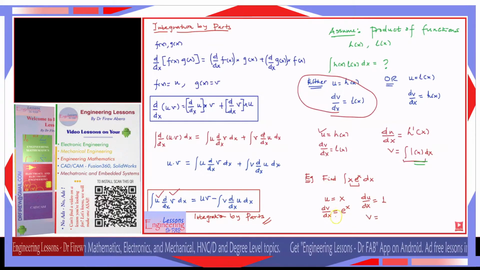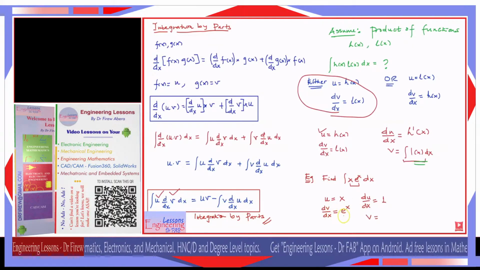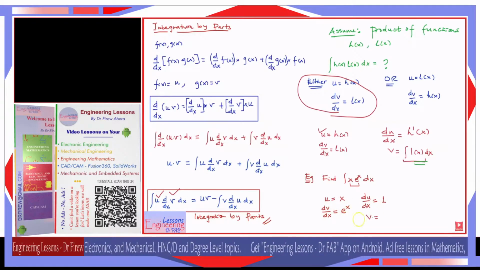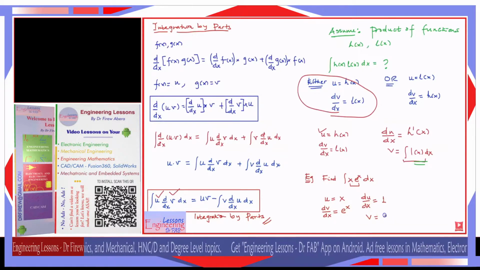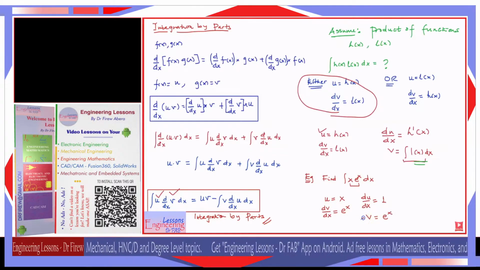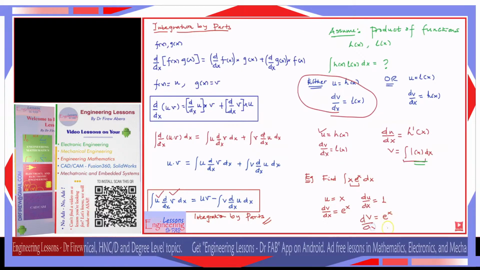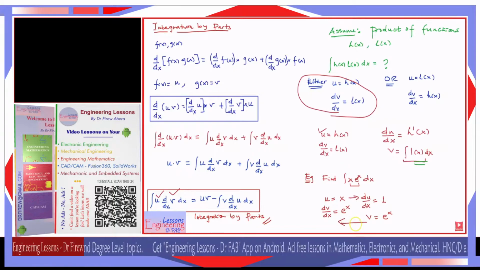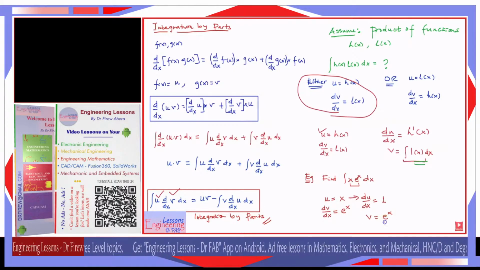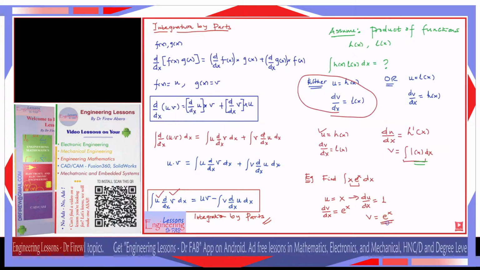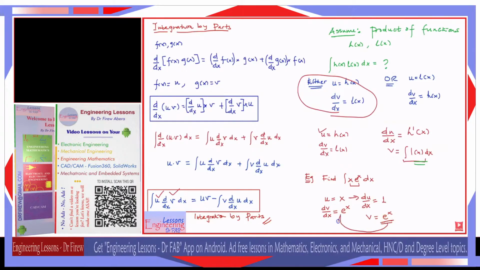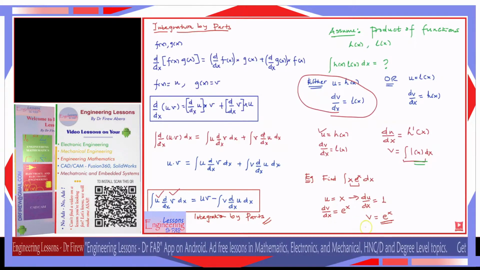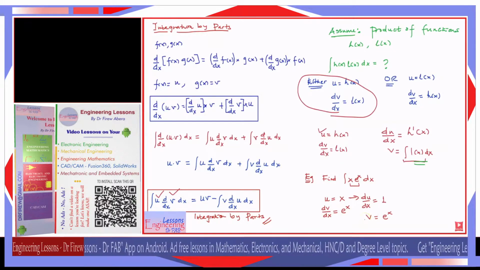We know that the derivative of e raised to x is e raised to x itself, so dv by dx is e raised to x. In other words, find a function that when you differentiate it gives you that expression.